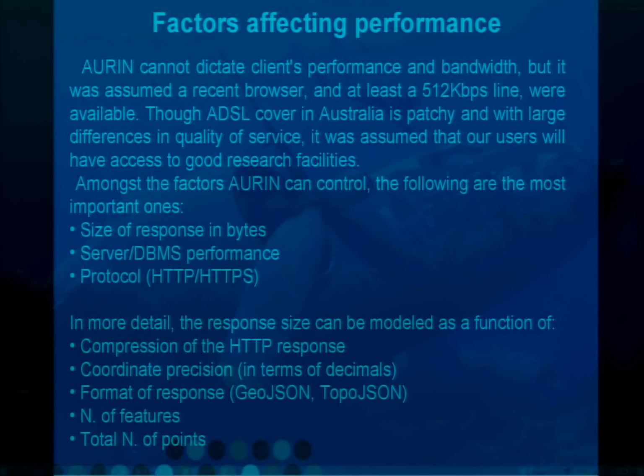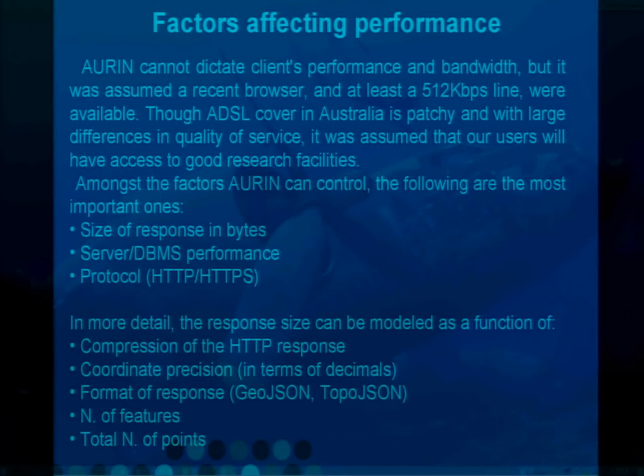The server DBMS performance, of course. The protocol used. Actually, we were forced to use HTTPS for some reasons, but I really would have liked to understand what I was losing in terms of performance using HTTPS as opposed to plain HTTP.